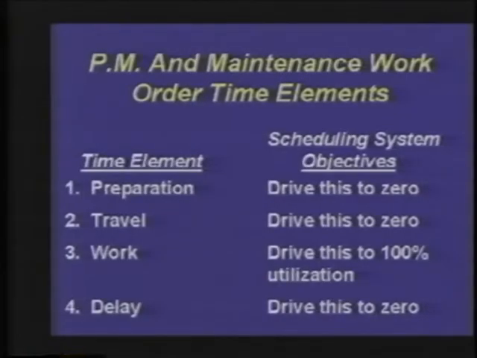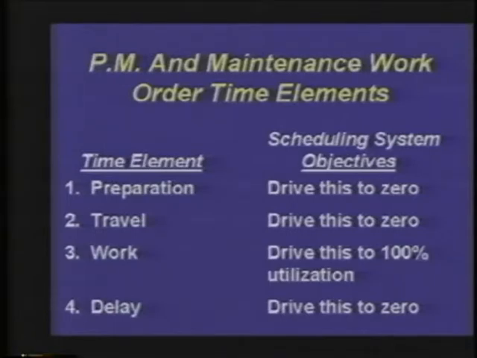Now, continuing on to page number 4, we have some objectives of the maintenance work order planning and scheduling system, and they are noted as follows. The preparation time, we want to drive this to 0. What that means is that the preparation time is charged to the work order, but the people that are actually doing the preparation time is the storeroom.